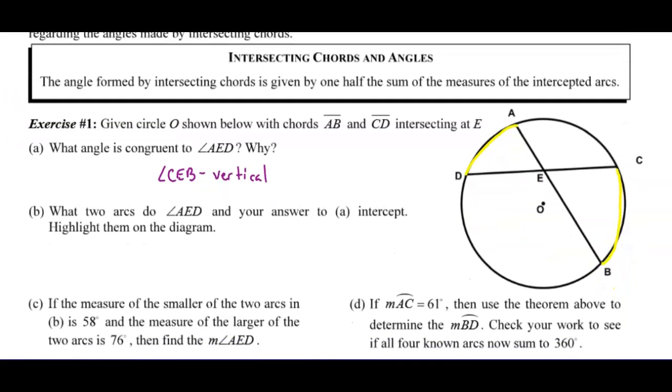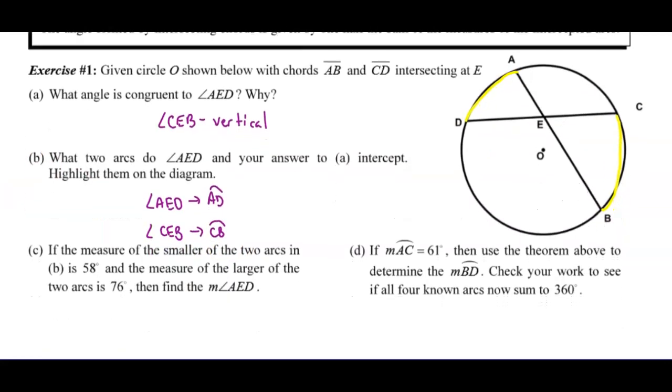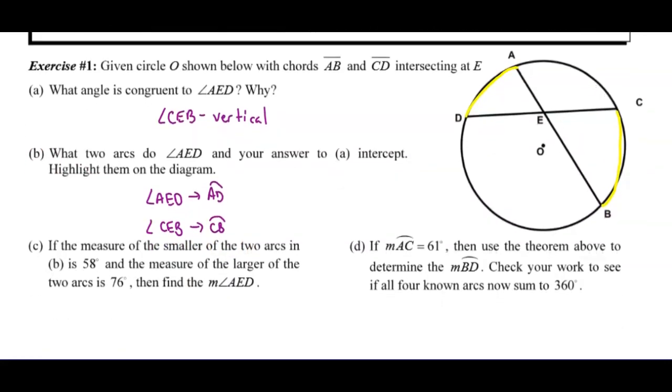All right, so we have those. Let me just write them down here too. Angle AED is arc AD, and angle CEB is arc CB. Okay. So if the measure of the smaller of the two arcs is 58, and the larger of the two arcs is 76, then find the measure of angle AED.